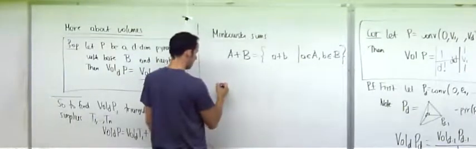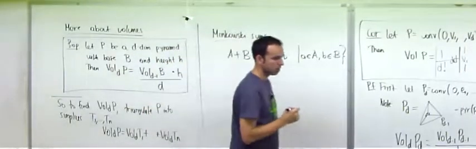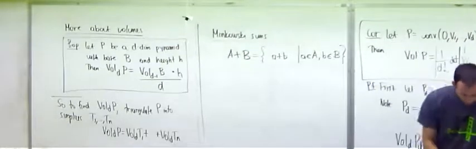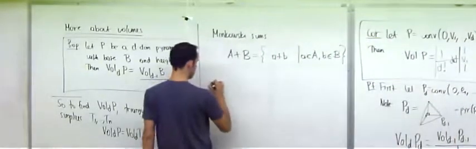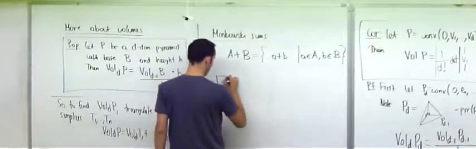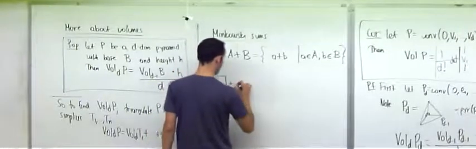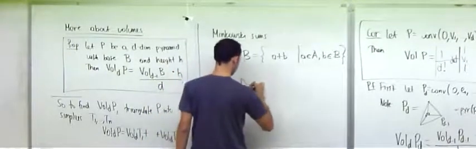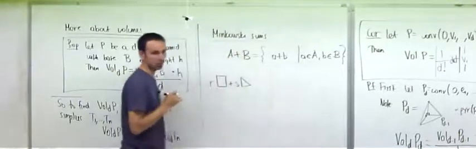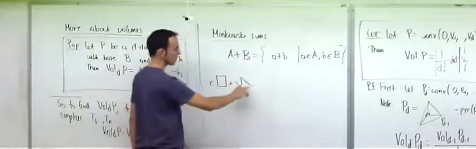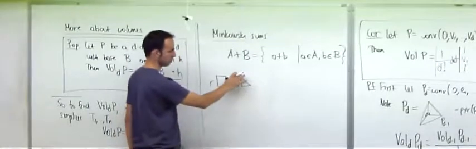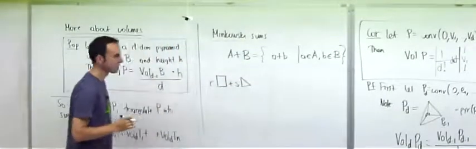And so let's talk about what happens when you do something like this. So for example, what is r times the square plus s times the right isosceles triangle, so this is (0, 0), (0, 1), and (1, 0).